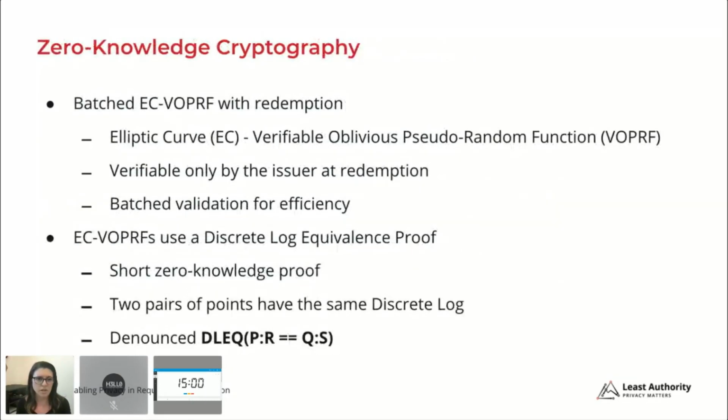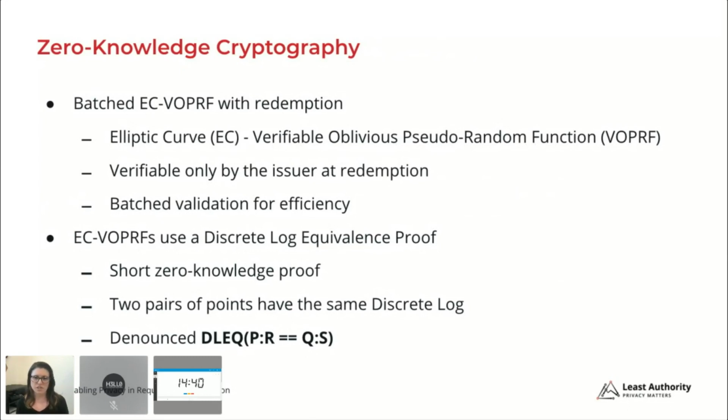I'll also talk quickly about the zero-knowledge cryptography involved. It's batched EC VOPRF with redemption, and that's elliptic curve, verifiable, oblivious, pseudo-random function cryptography. And it's verifiable only by the issuer, with redemption and batched validation for efficiency.